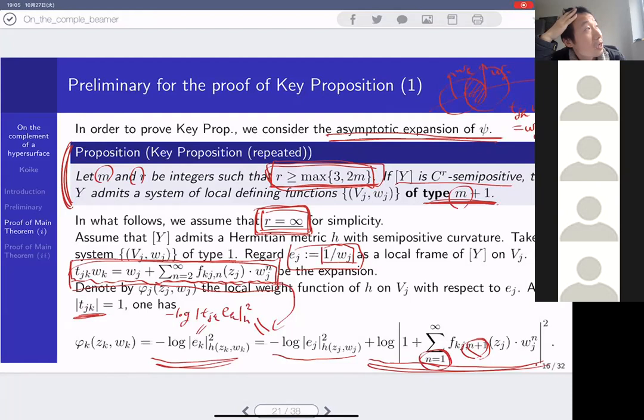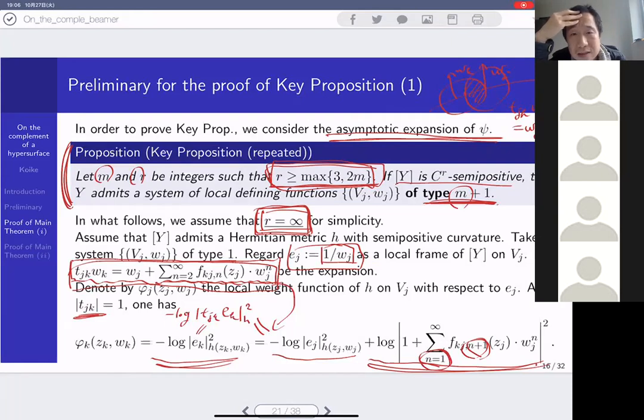In the case one, it's from deformation type results. We know that if we have the lifting for any order, then we can have the deformation for its neighborhood.